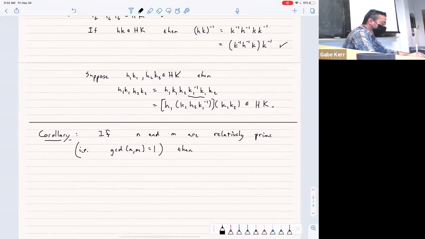Then I take Z mod n and I take the product group Z mod n, which is isomorphic to Z mod n.